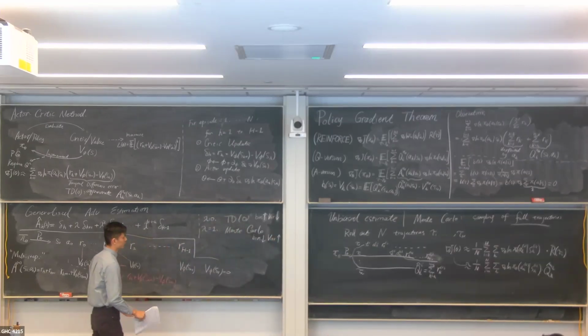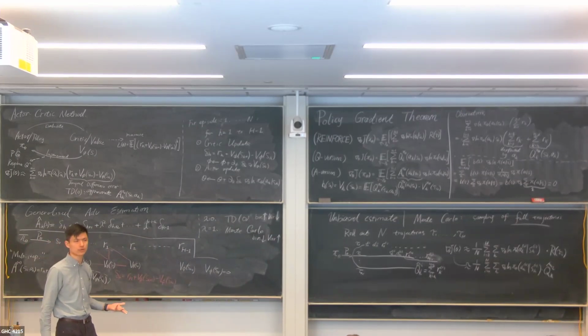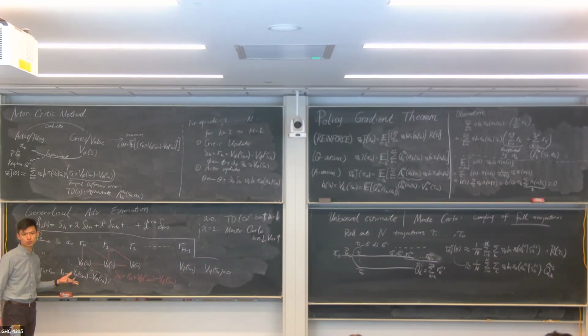This generalized advantage estimation allows you to choose a place to be in between these two extreme worlds. And it turns out to be a single parameter that you can tune. So it's a pretty cool way to do things in practice.